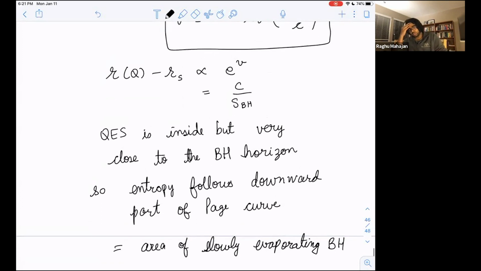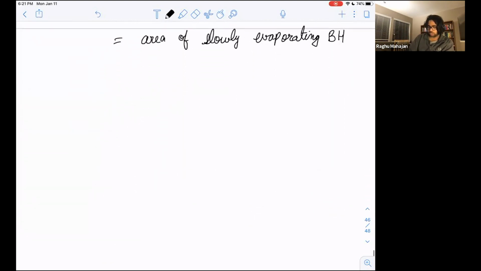So all this ties together very nicely, and we find a QES even in the evaporating black hole. I will end with just one picture.